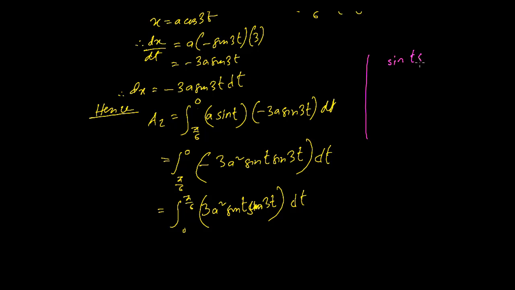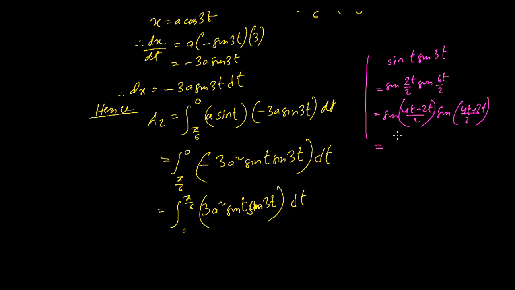Sin t sin 3t. I can write sin t as 2t by 2 and sin 3t as 6t by 2. Remember, it has to be something by 2. So t can be written as 2t by 2, so that the 2 cancels and we get t back, and 3t can be written as 6t by 2. If we subtract 4t minus 2t, we get 2t. If we add 4t plus 2t, we get 6t. So we got our identity.